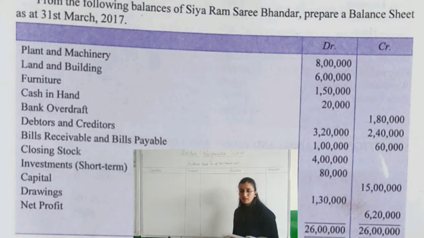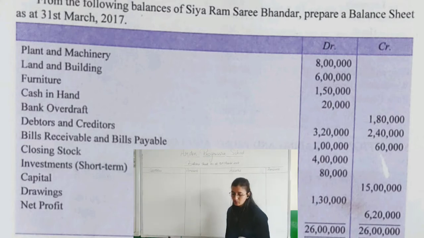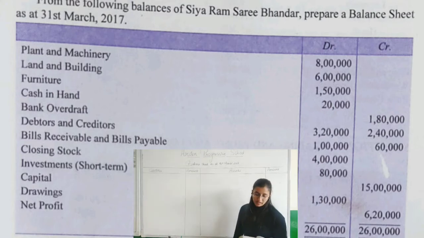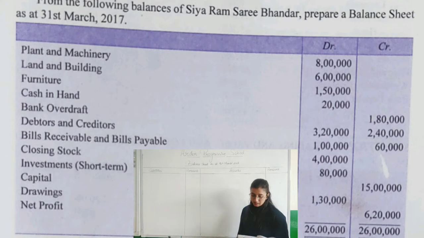Then land and building 6 lakh. Furniture amounting to rupees 1,50,000. Cash in hand 20,000. Bank overdraft, which is written on the credit side, is 1,80,000. Debtors and creditors: 3,20,000 is debtors and 2,40,000 is creditors.